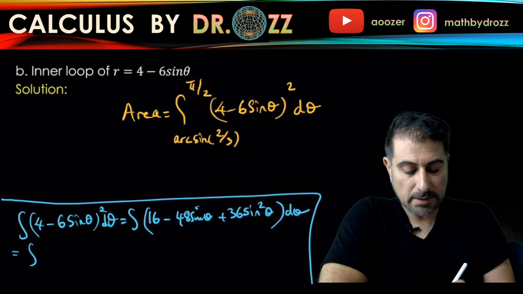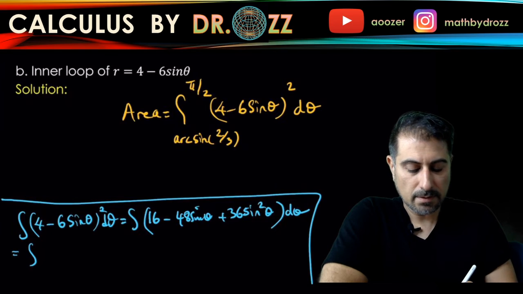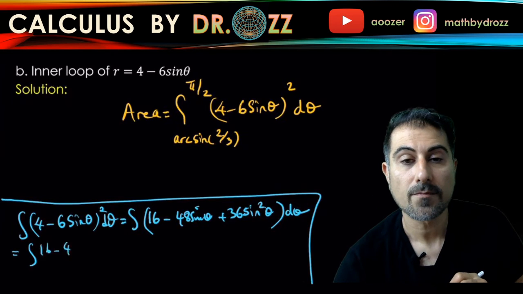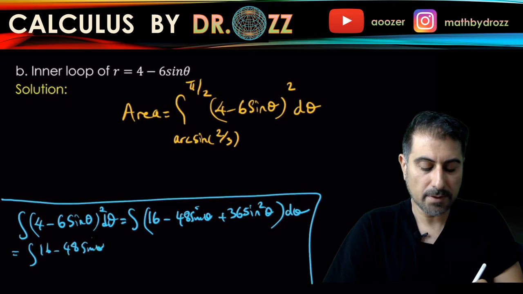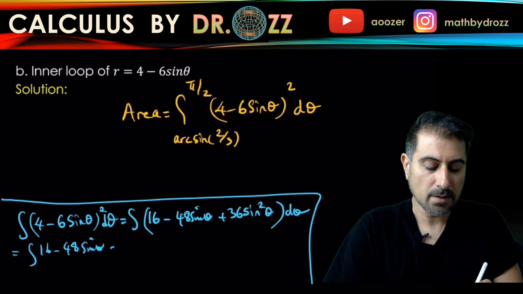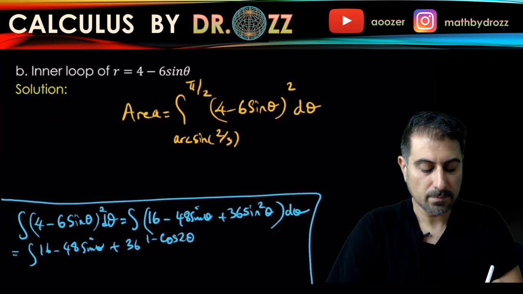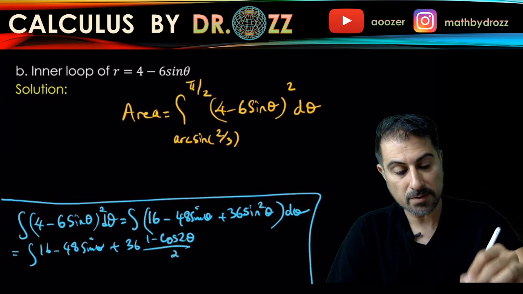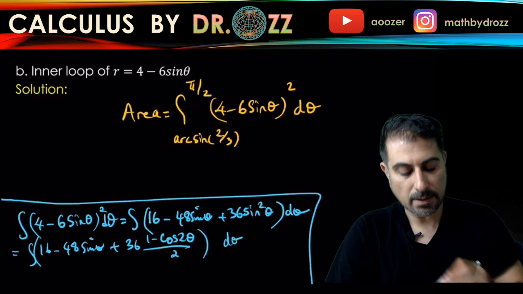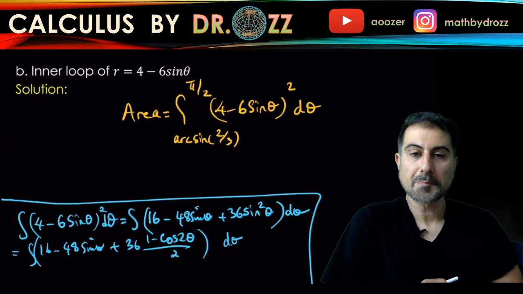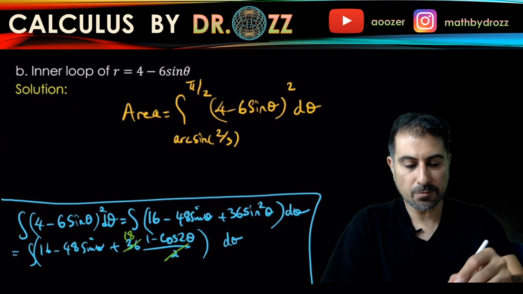So 16 minus 48 sine theta plus 36 times 1 minus cosine 2 theta over 2 d theta. In fact, that makes this 18 times that. We can simplify that before we integrate.